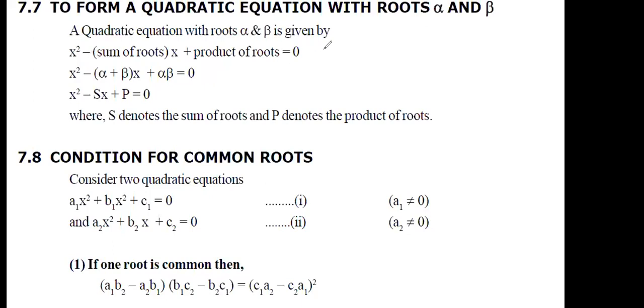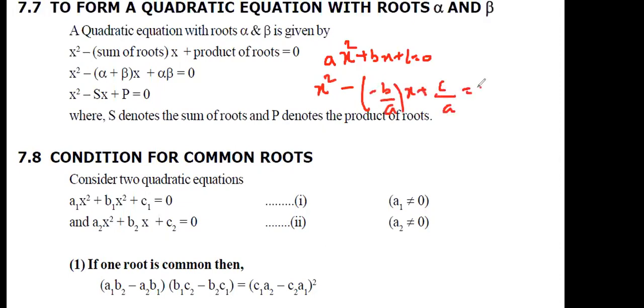I can write any equation in terms of roots. Suppose I have the equation ax square plus bx plus c is equal to 0. Divide this equation by a. So I'll write x square minus b by a x plus c by a is equal to 0. Yes or no?